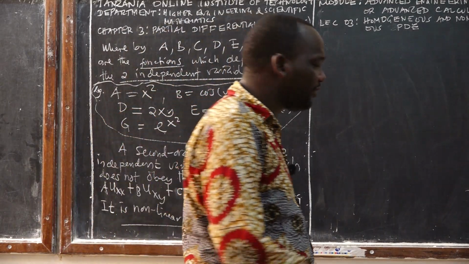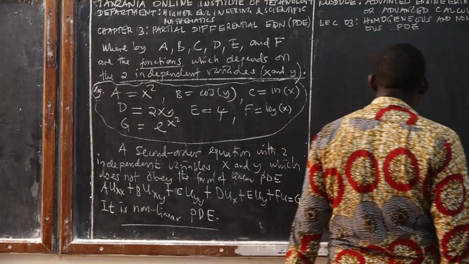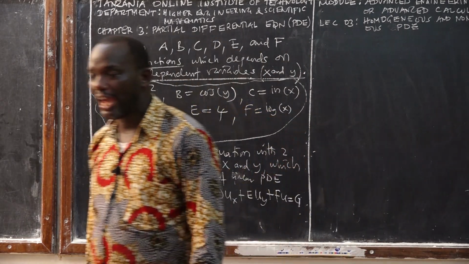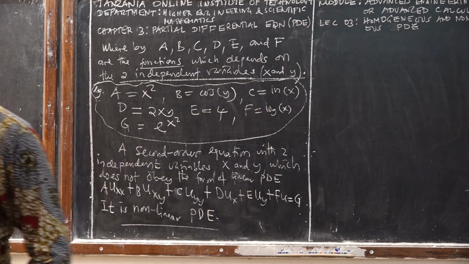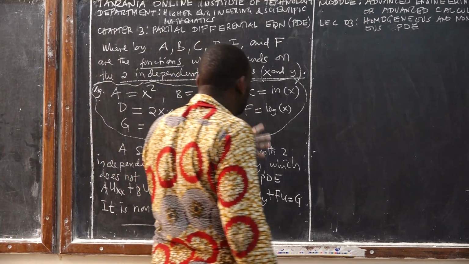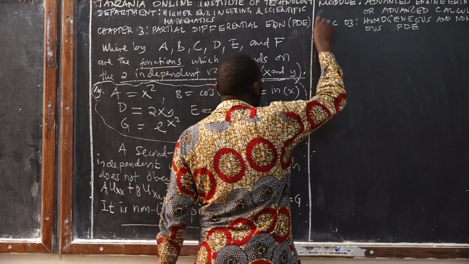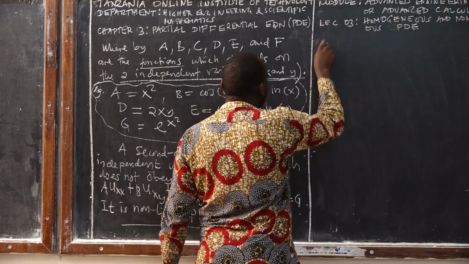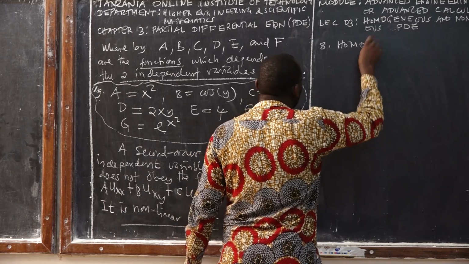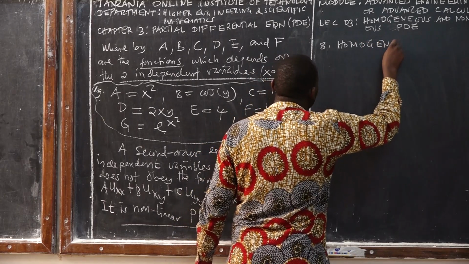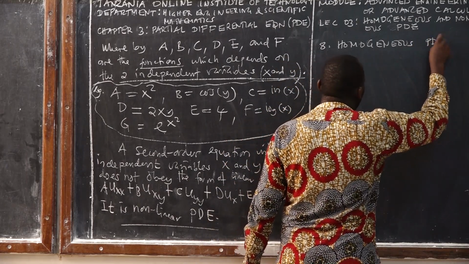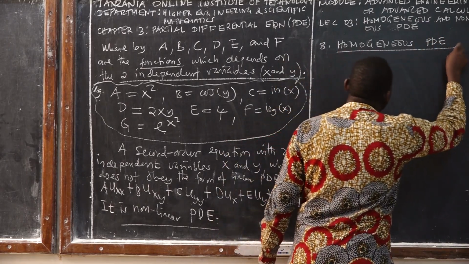So if you've understood about the general second order linear partial differential equation, now I can teach you about homogeneous and non-homogeneous partial differential equation. So this will be terminology number 8, which is called the homogeneous partial differential equation.